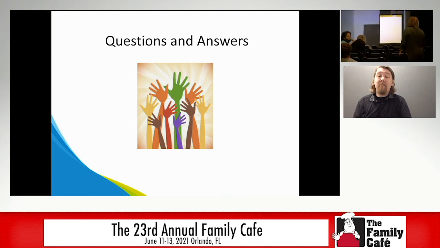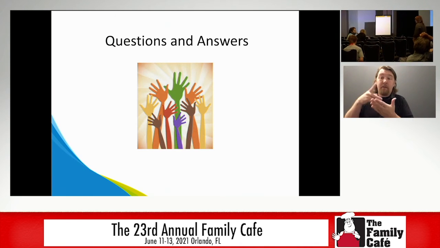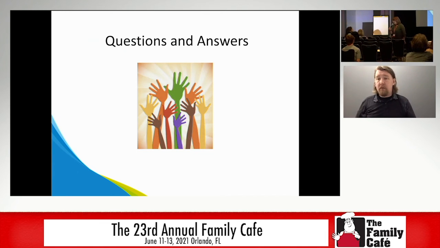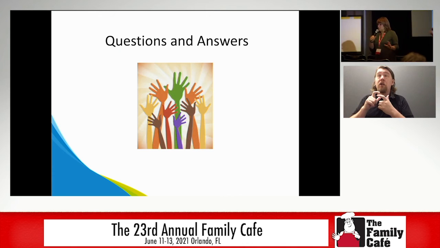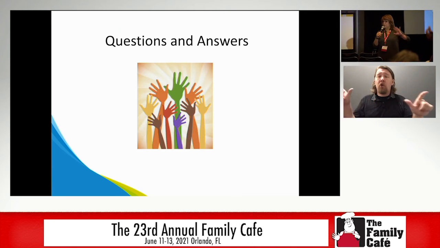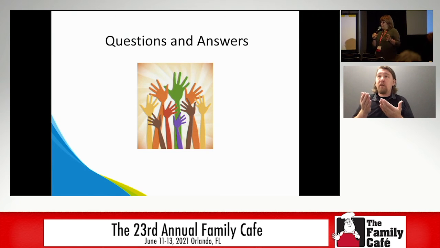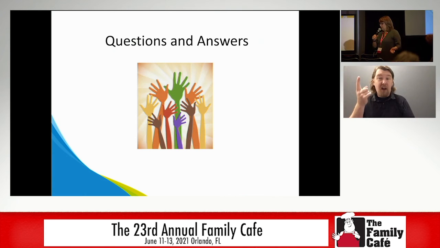Hi, this is my first time hearing about this program, and why is there such a discrepancy in the need and then the ability to provide the services? It all boils down to funding. The waiver program in Florida is very large. It's much larger than other programs in other states. We serve close to 55,000 people, and in other states, they serve maybe a third of that number.